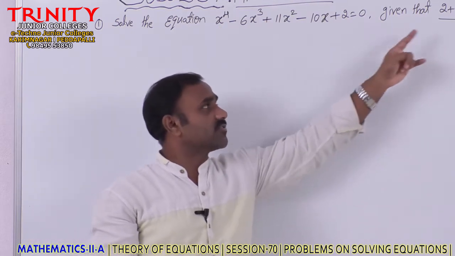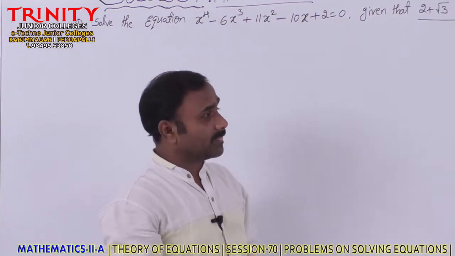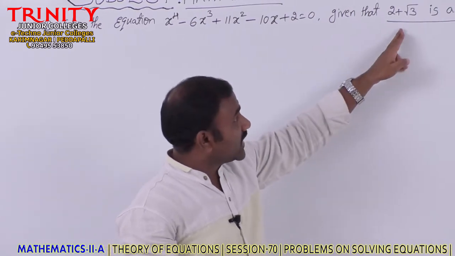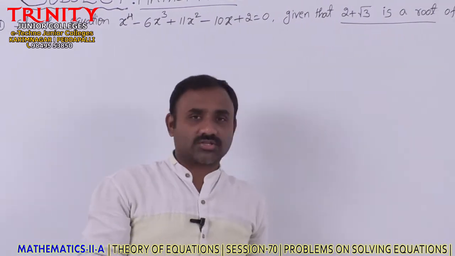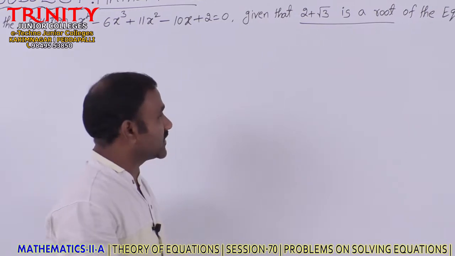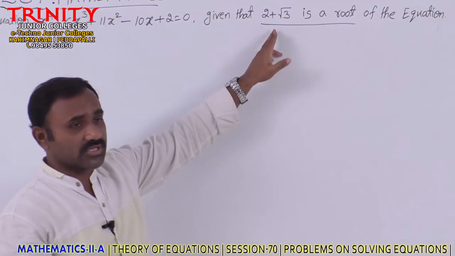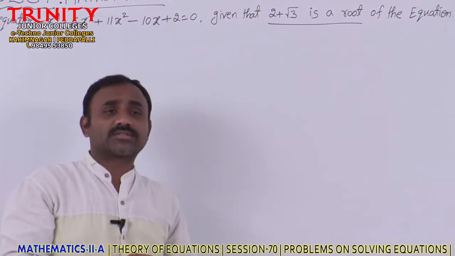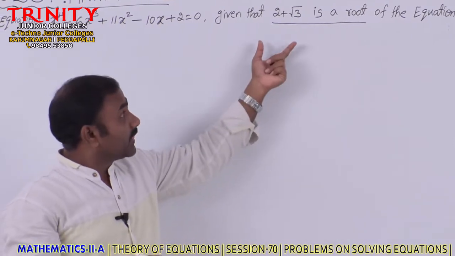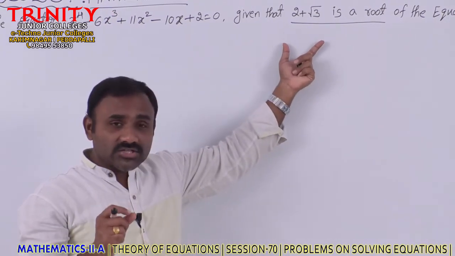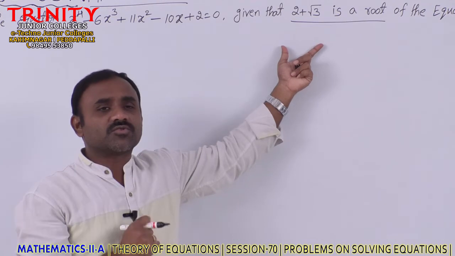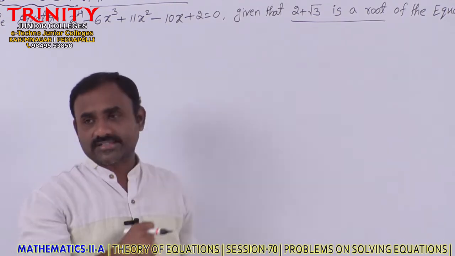In that, he has given one root. But see, is the given root irrational or not? It is an irrational root, 2 plus root 3, which is in the form of a plus root b. Whenever the root is irrational or imaginary, they always occur as conjugate pairs.